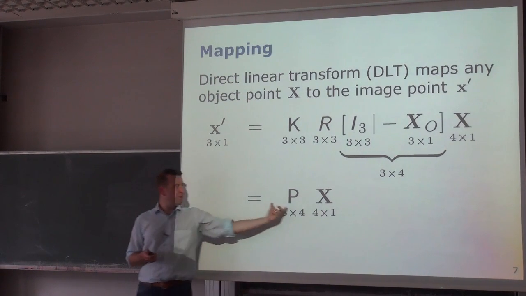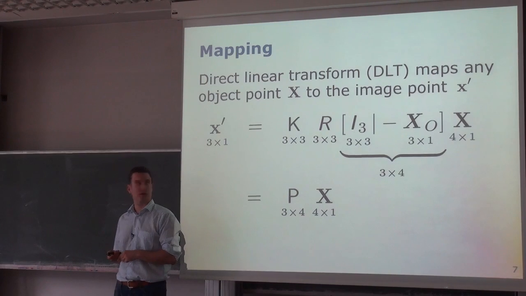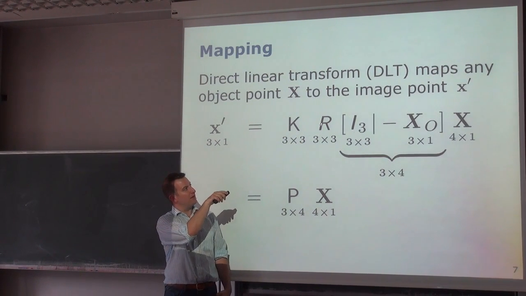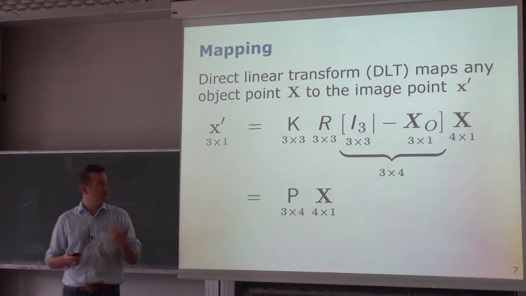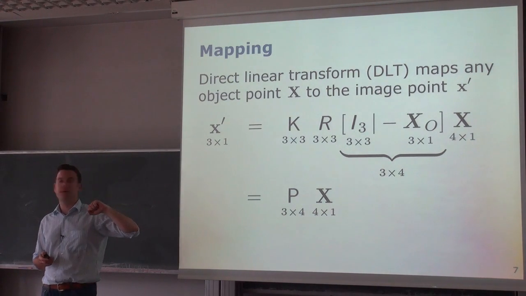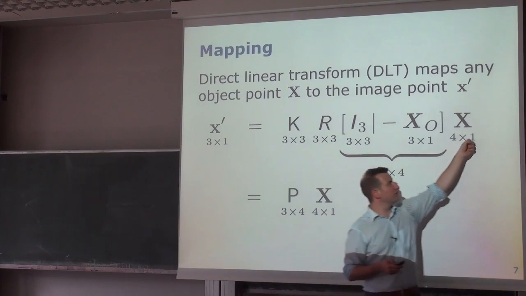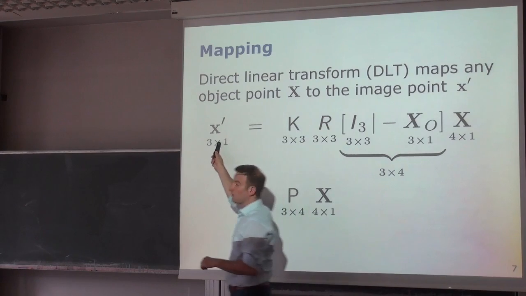And this matrix P now encodes all the extrinsic and the intrinsic parameters. So K encodes the intrinsics, and the R and the X0 are the extrinsic parameters. And I want to estimate at the same time the intrinsics and the extrinsics from known correspondences. So knowing the 3D location of the object in the scene and knowing where the point is mapped to.